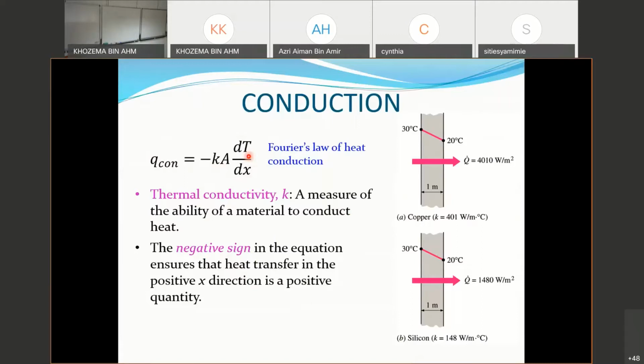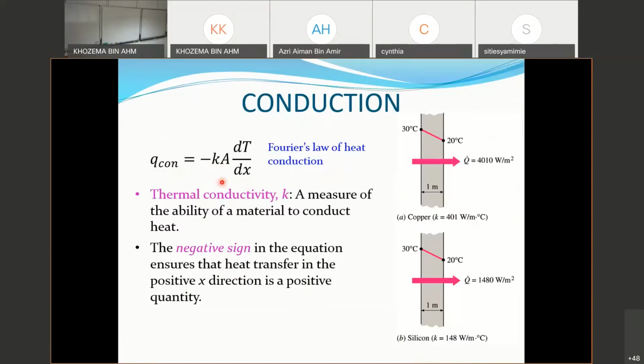It can be degree Celsius, Kelvin, or Fahrenheit, depending on your situation. And delta X is the thickness of your heat transfer, and the unit must be in meter. So we will try to use SI units. If it's not SI, it is highly recommended that you convert everything into SI units first.